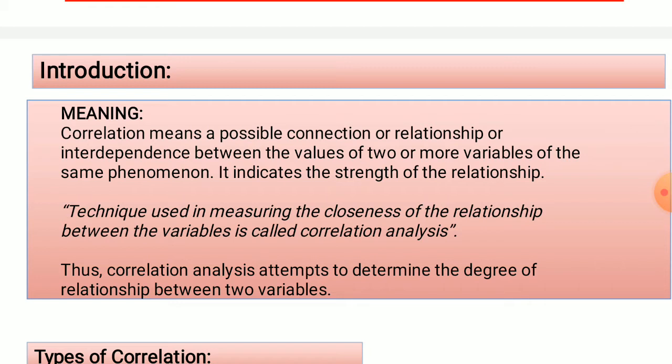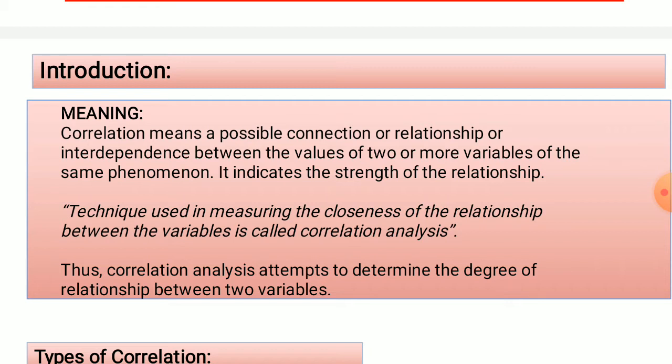So correlation is a statistical tool and technique used to measure or to study the closeness of the relationship between two or more variables. Correlation means a possible connection or relationship or interdependence between the values of two or more variables of the same phenomenon.